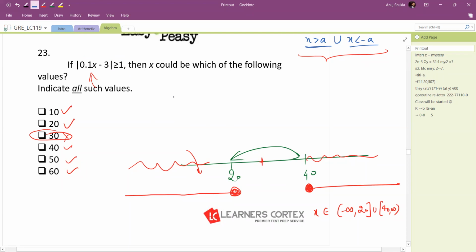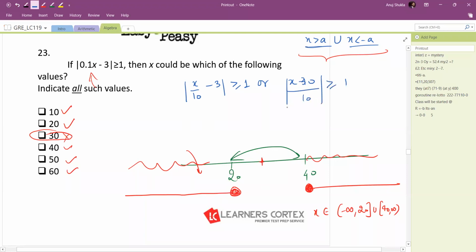Can we do this? Let's see. So 0.1x, right? Can I write this as mod of x by 10 minus 3 is greater than or equal to 1? Or I can write this as mod of x minus 30 divided by 10 is greater than or equal to 1.